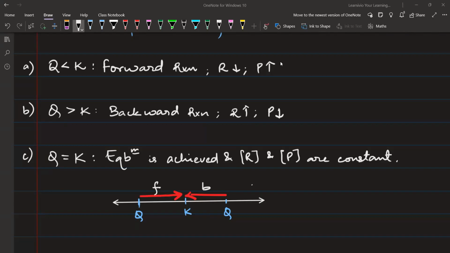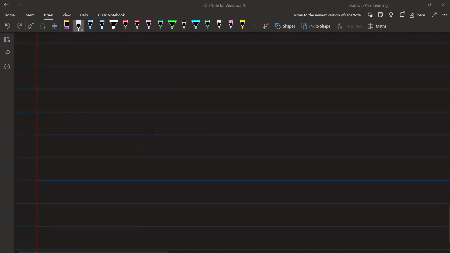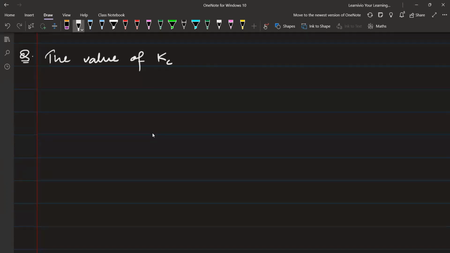चलिए, राइट अ क्वेश्चन। The value of Kc for the reaction 2A in equilibrium with B plus C is 2 into 10 to the power minus 3.